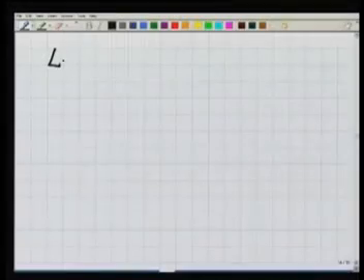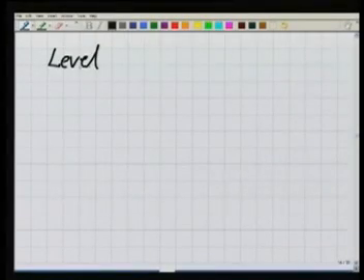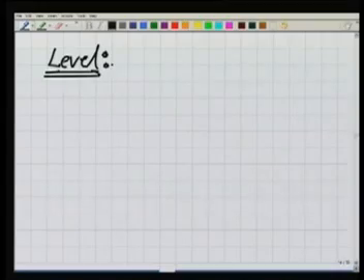For this we have some instruments. Number one is the level. I am not going to show you the actual level today. In our next class, lecture number 2 of this module, we will see the various kinds of levels. But today we will understand the principle of the level.